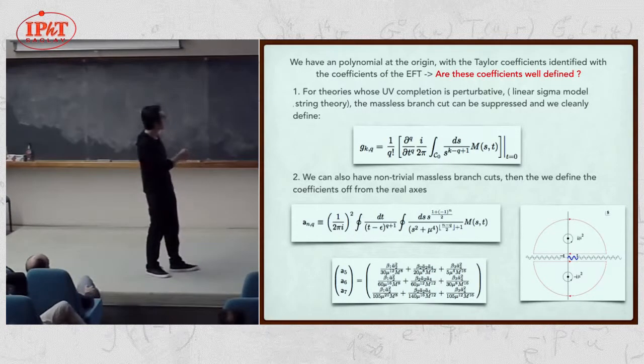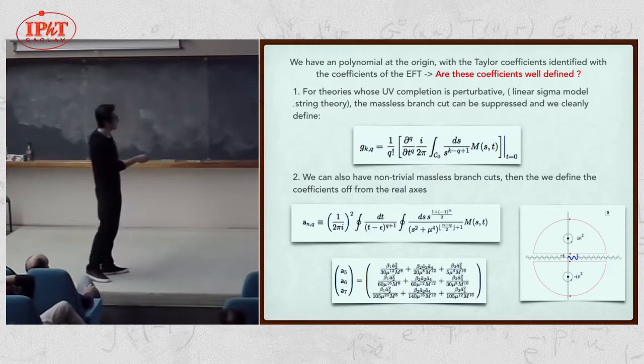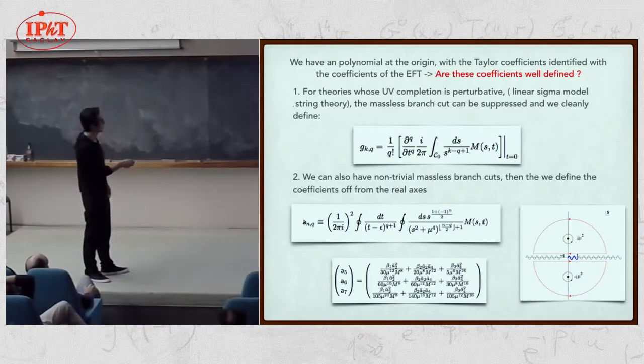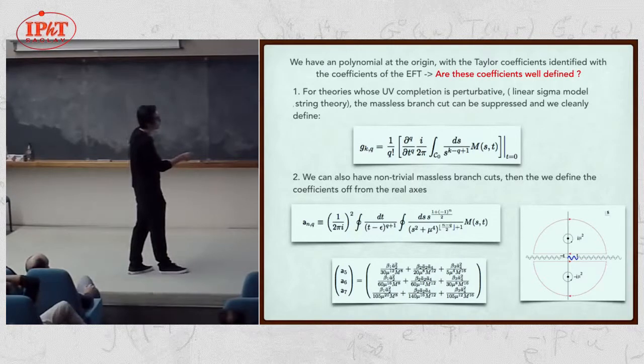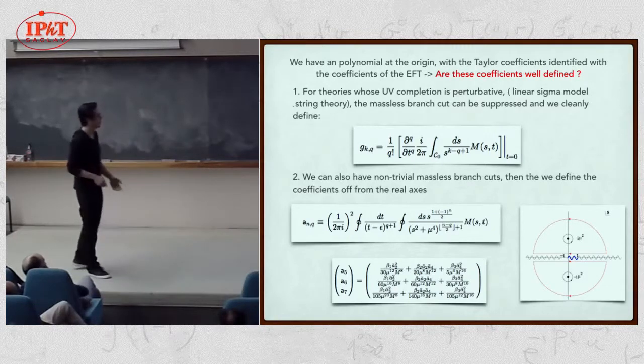And this coefficient is defined by moving the poles away from the origin and into the complex plane. And just to give you an example, if you do this kind of deformation, then the generalized coupling constant is going to be a linear combination of the would-be original effective field theory coupling constants. So it still gives non-trivial information.